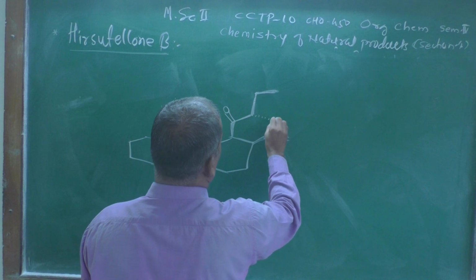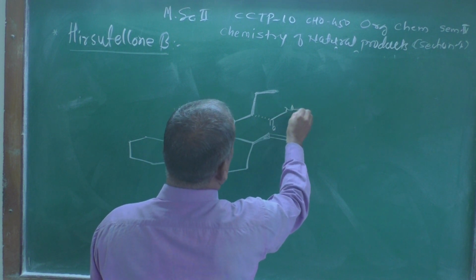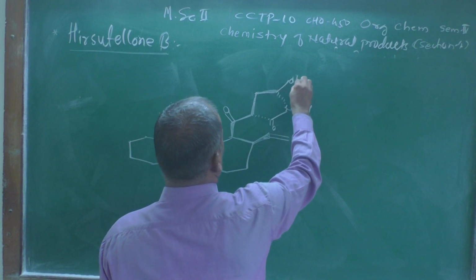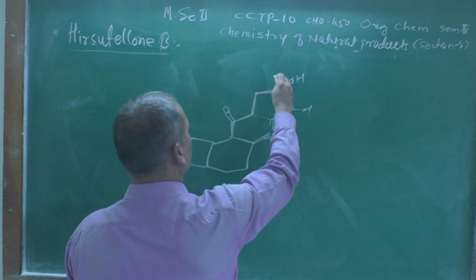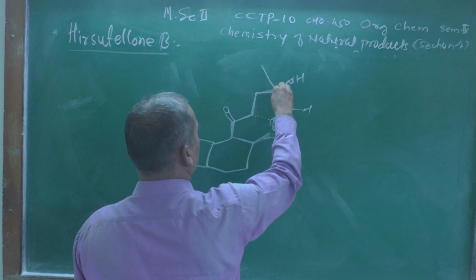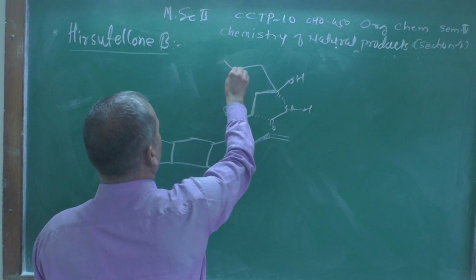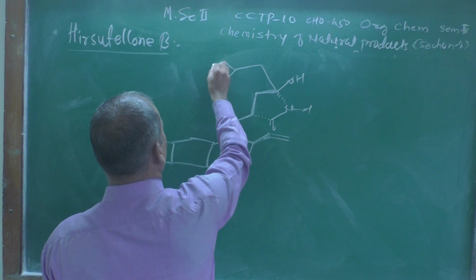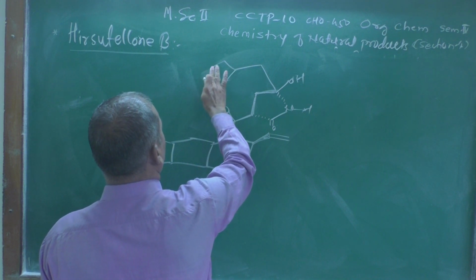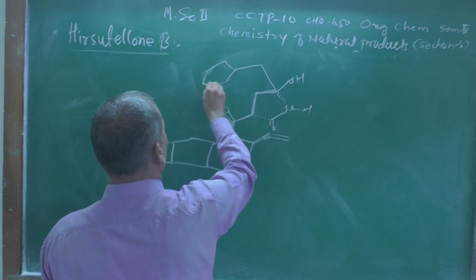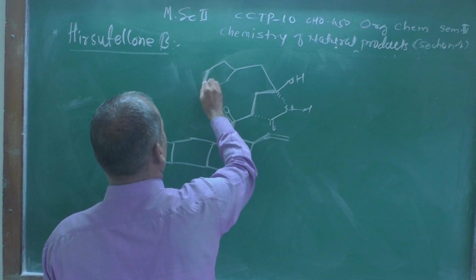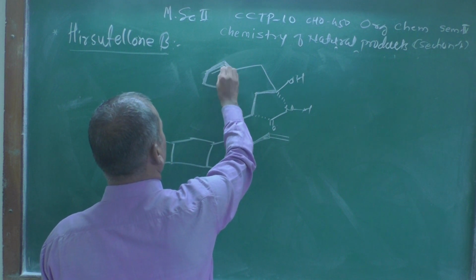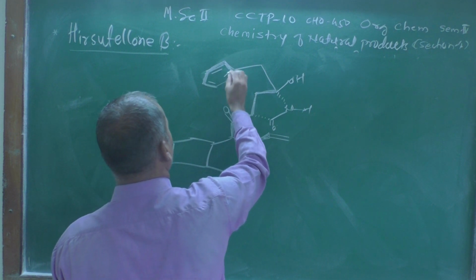There is an oxygen atom, then NH, and here also an OH. Here a paracyclophane ring is present, with a double bond over here and one double bond here.